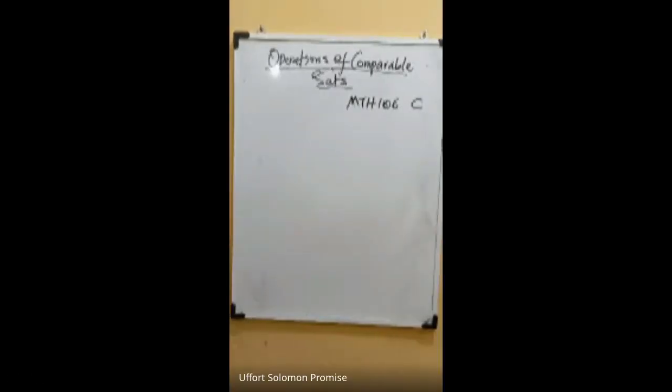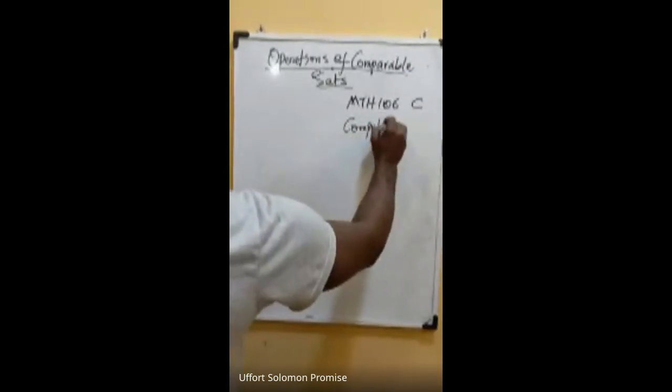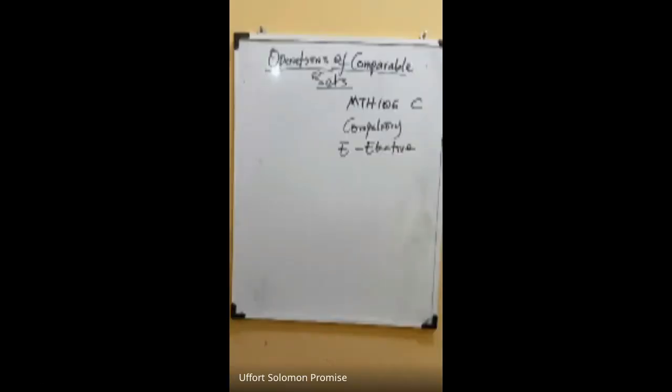It's C. It is a core course. It's compulsory. It is not E, E is elective. Core is core, so you need it. You cannot avoid it. So people that are running away.